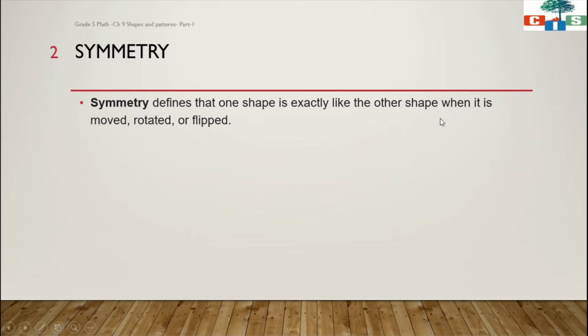It means one shape looks exactly like the other shape when it is moved, rotated or flipped. Okay, or it can be defined as when one part of the shape is identical or similar. Identical means similar to another one. Okay, both the parts are the same. Such a shape or figure is known as a symmetrical figure or symmetrical shape.